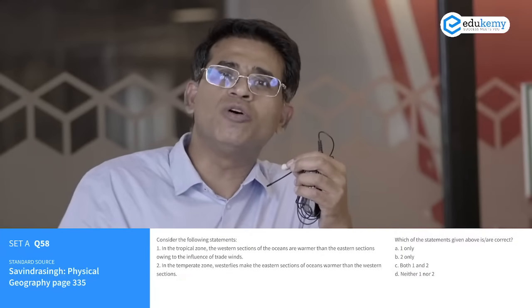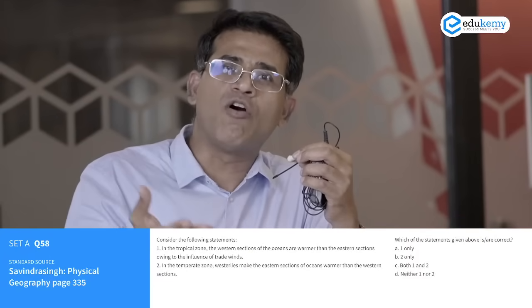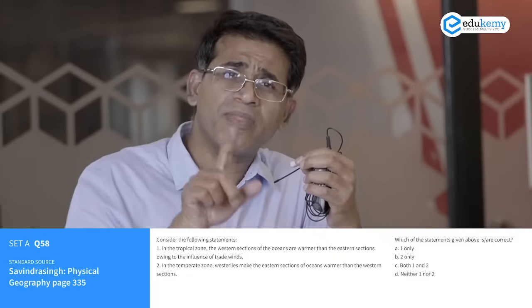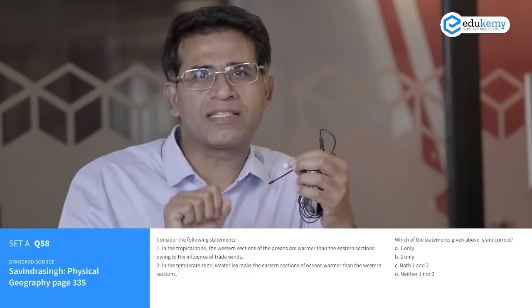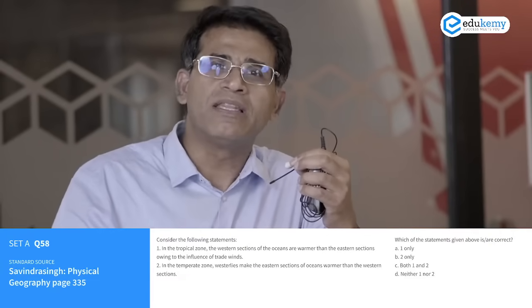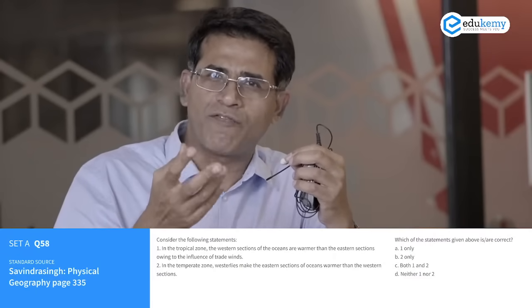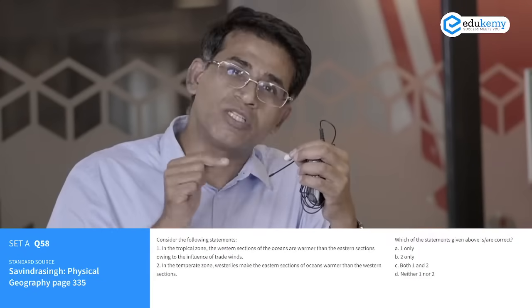Similarly, the Kuroshio warm current is dragged on the eastern side and it becomes the warm Alaskan current along the Gulf of Alaska. And mind you, water bodies like the Gulf of Alaska or even the North Sea or part of the Bay of Biscay are very much temperate waters, in the range of around 50 degrees, 48 degrees, 53 degrees and so on. So statement 2 is also correct.